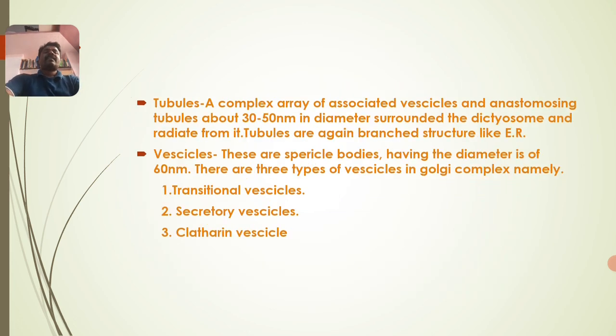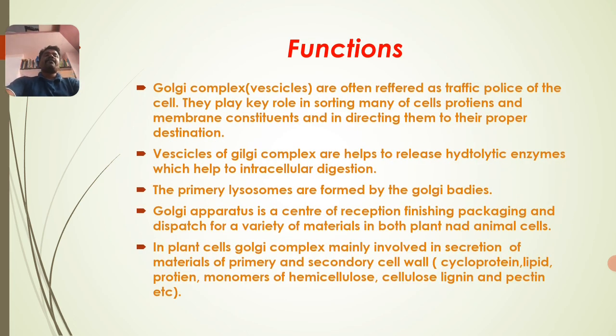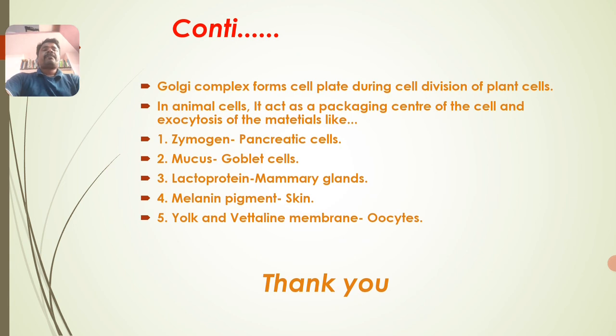In functions, the important ones are that it acts as a traffic police and a packaging center of the cell, it produces the cell plate during cell division in plant cells, and mainly it helps in intracellular digestion and in the formation of lysosomes; primary lysosomes are formed by the activity of the Golgi bodies. This is all about the functions of the Golgi complex.